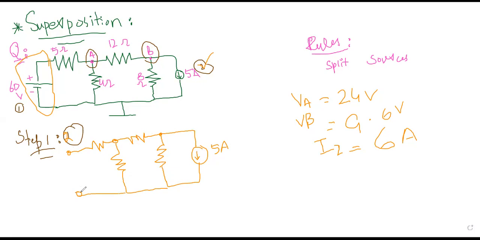This is my terminal B, and this is my A. These are my two nodal points where the voltage drops, basically dropping voltage across all the terminals.